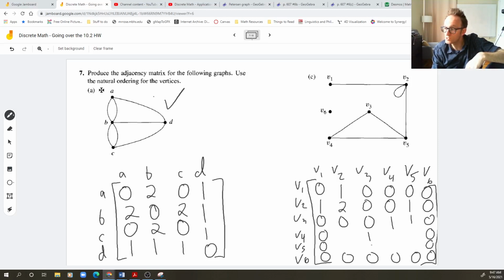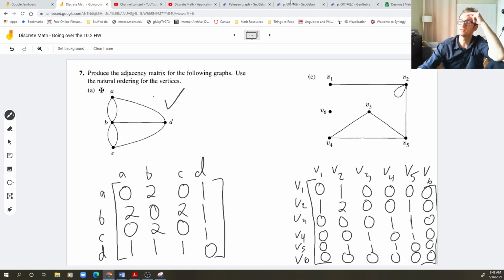From V4 to V4, no. From V4 to V5, yes. And from V5 to V5, no. Okay, so that is the adjacency matrix.